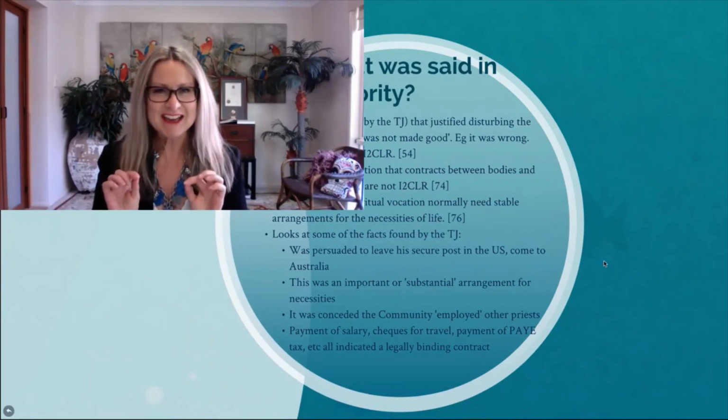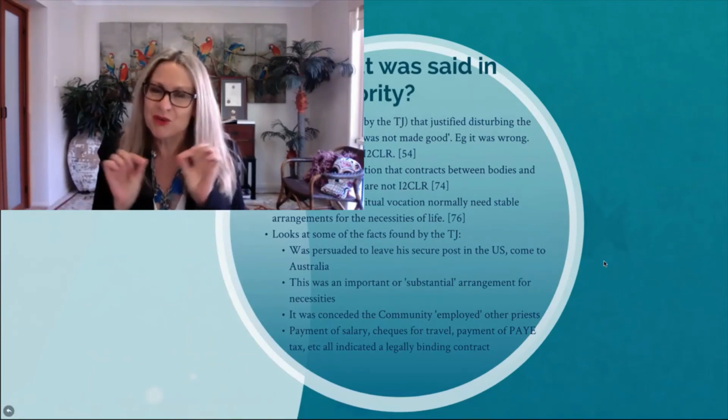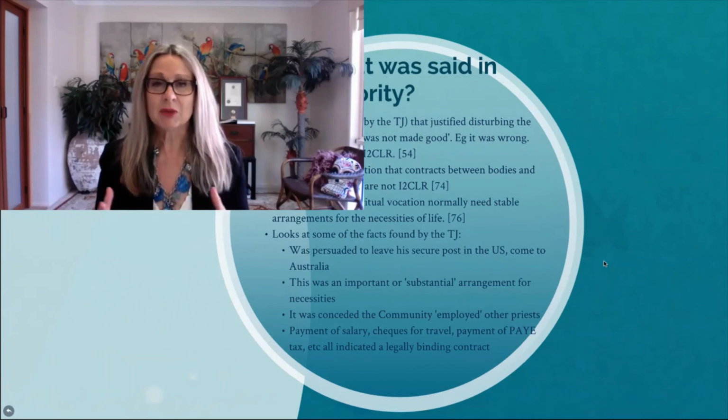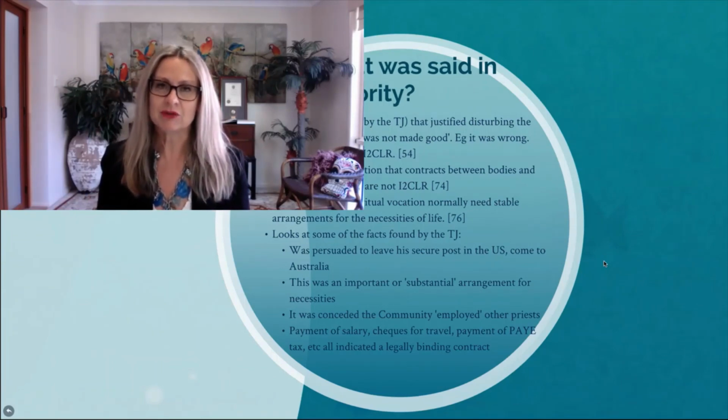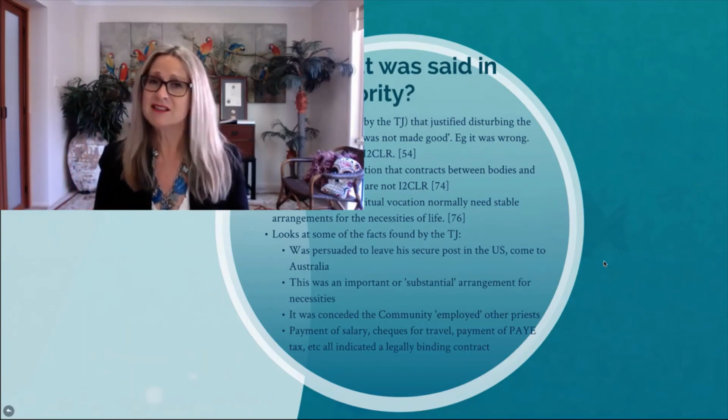Interestingly, at the very end, Kirby puts in a little thorny question, which is, okay, we still do actually have this little issue left, which is, okay, there might be a contract on foot, but was it a contract of employment? And he says the matter is arguable.